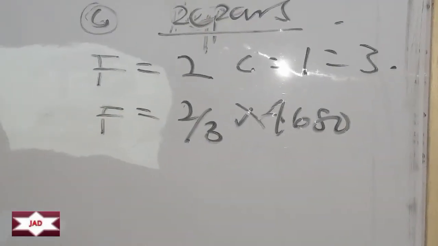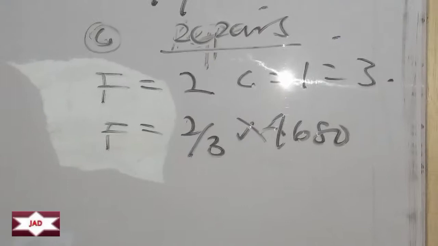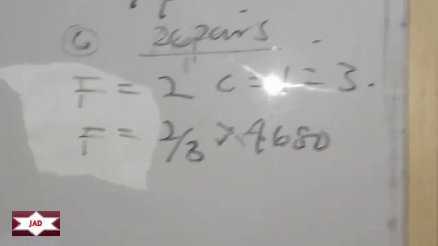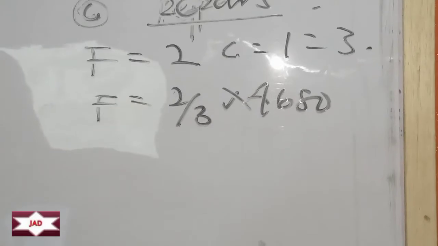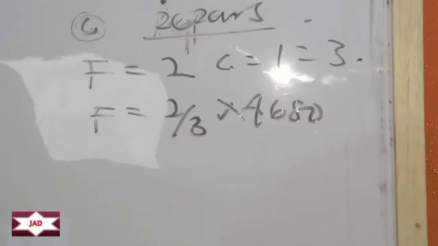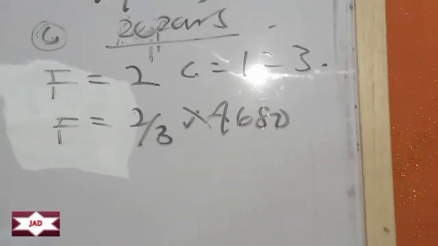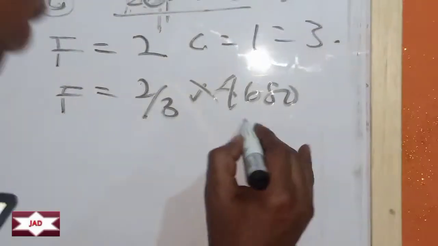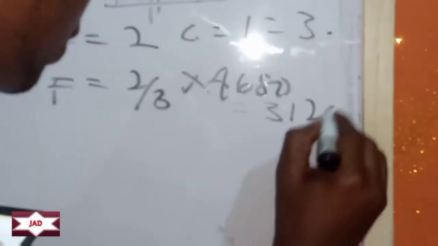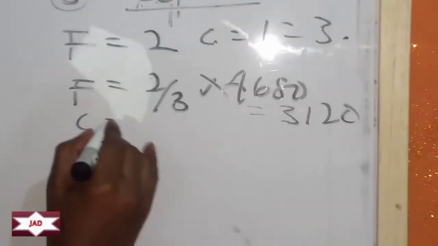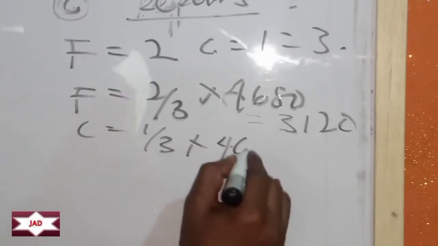So we have 2 divided by 3, okay, times 4,680. So this is 3,120. So clothing will be 1/3 times 4,680.